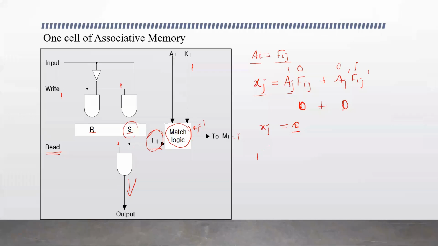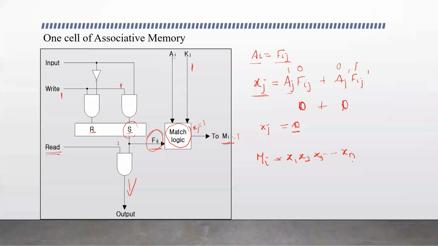So Mi is finally the match register bit. To set this match register bit, we perform an AND operation on X1, X2, X3, and so on, up to N bits, so Xn. We have taken a single bit Aj and Fij, so Xj. This way every bit in a particular word is compared.